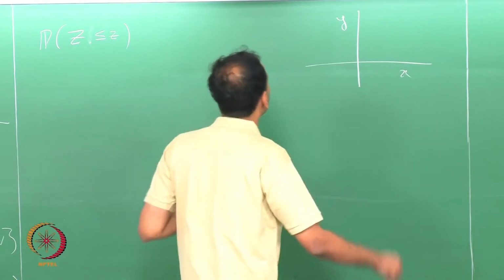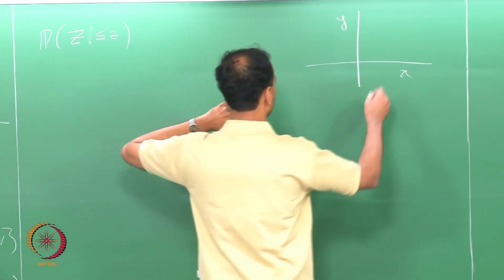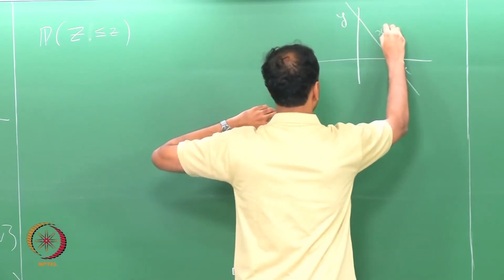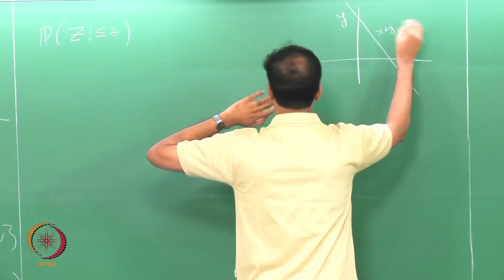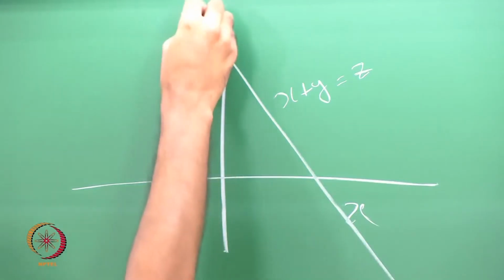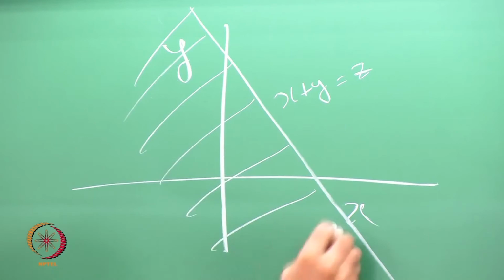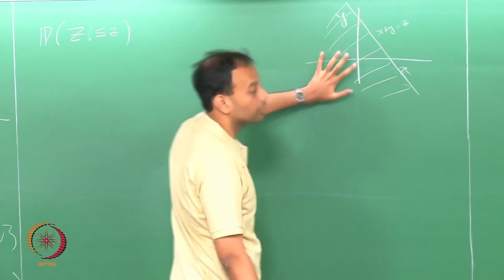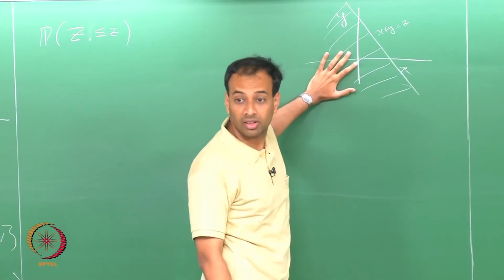Now, what I want is the probability that Z is less than or equal to little z. So, I draw the line X plus Y is equal to little z, and I am looking at the total probability mass sitting on this side of this line, below the line, correct.